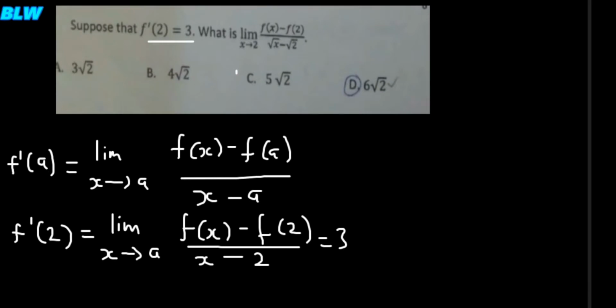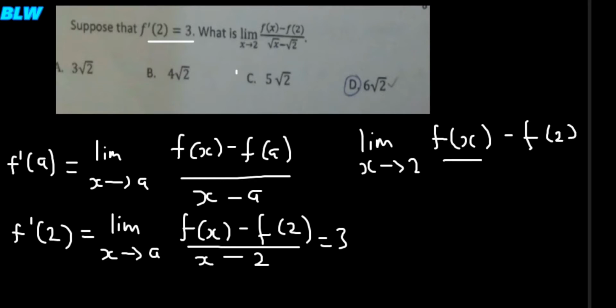So we've been given the limit as x approaches 2 of f of x minus f of 2 all over root of x minus root of 2.